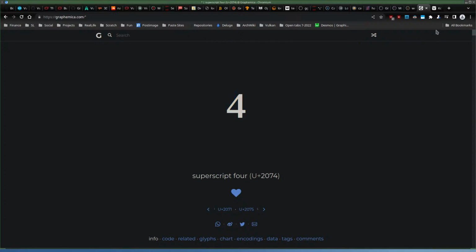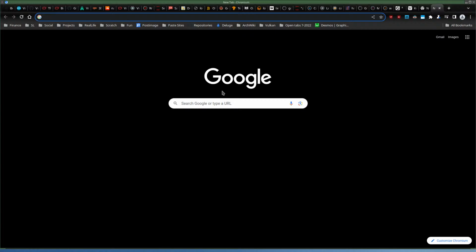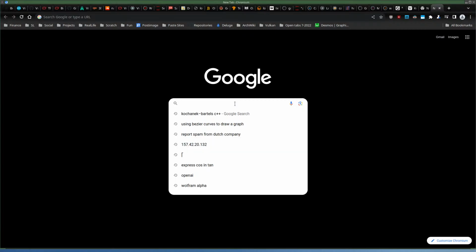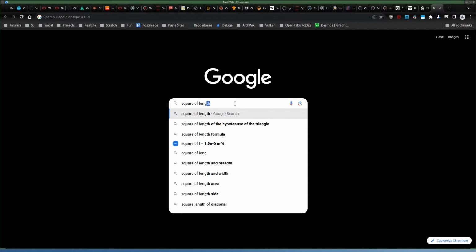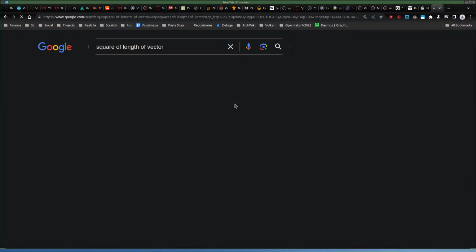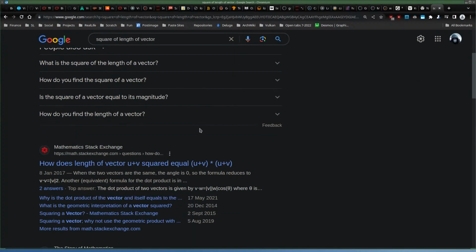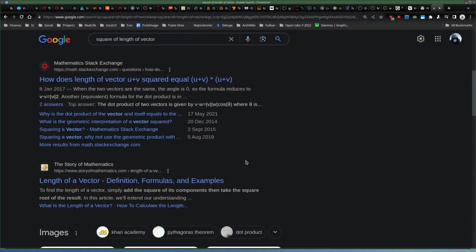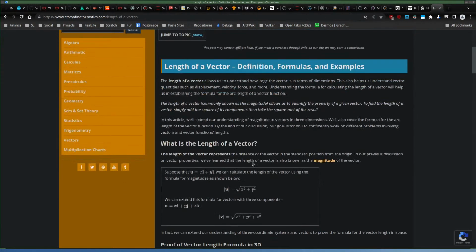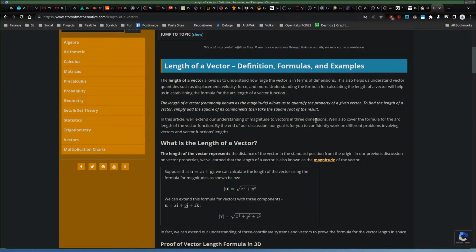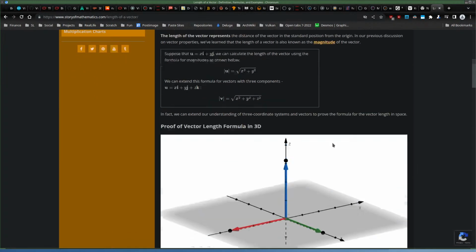And I refuse to use ChatGPT. So Google it the old way. Square of length of vector. The name, definition, formula. Magnitude. You learned the length of a vector, you know the magnitude. I was thinking that the square is the norm, though it depends a bit on what field you're in.